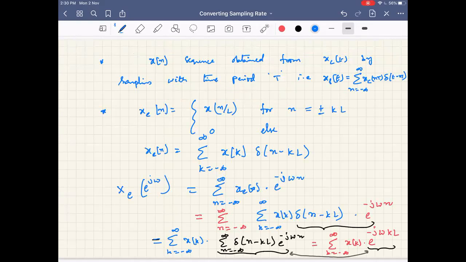When we are doing x of n, its sampling period is capital T, so the sampling frequency is 1 by capital T. Whereas when we do expansion, the number of samples per second increases, and hence the sampling frequency is L by T. It increases by L times.